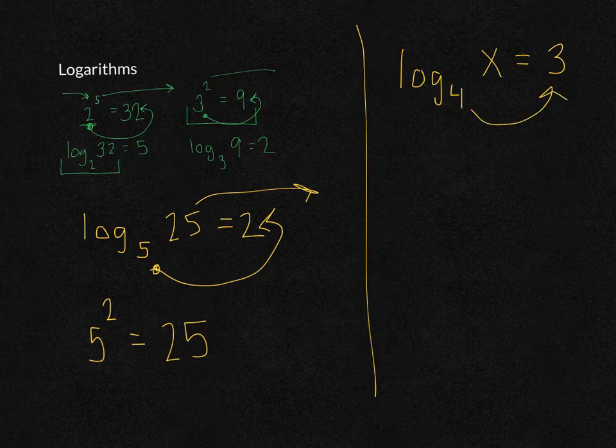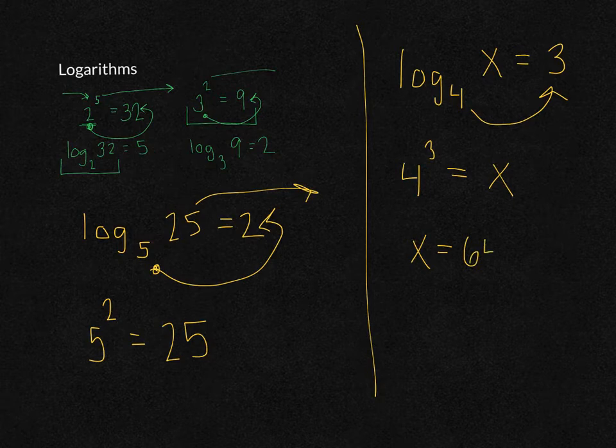So we hook that around. That would be 4 to the third power is equal to x, which means x is equal to 64. There's a lot of uses of going between exponential and logarithm, or logarithm and exponential. One of the biggest uses is being able to solve for an exponent.